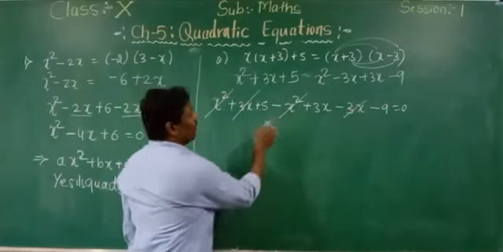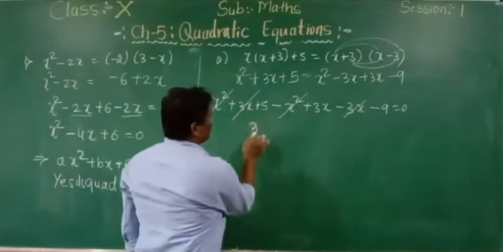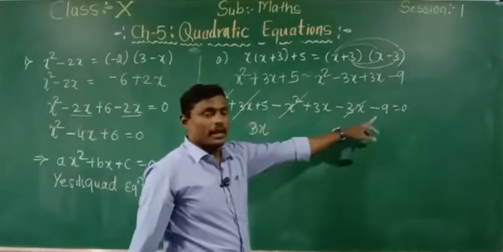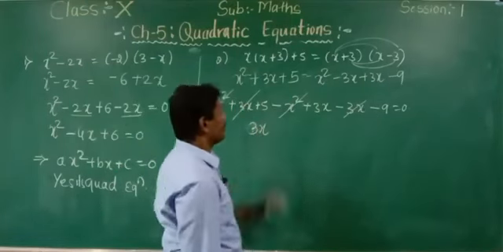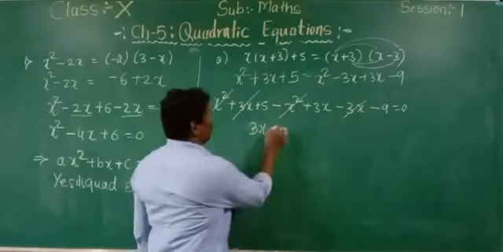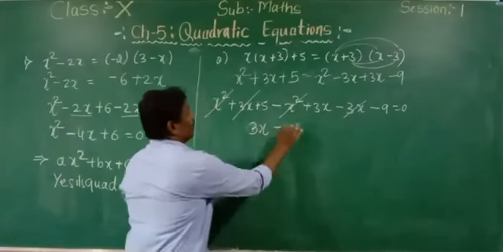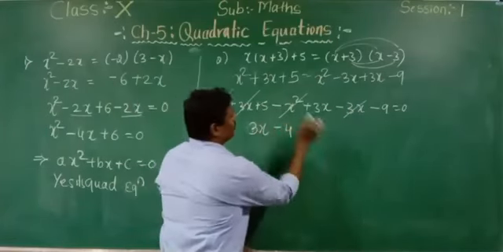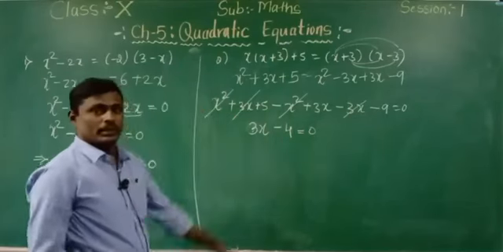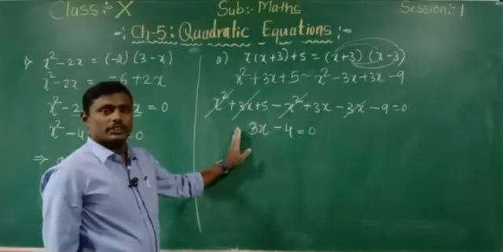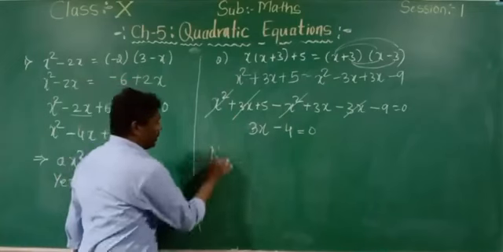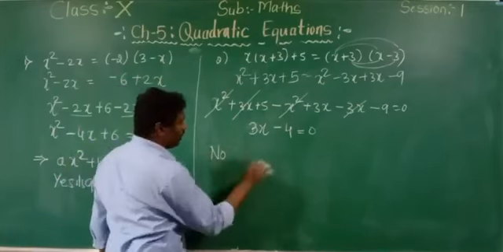The remaining terms are minus 9 plus 5, which means minus 4 is equal to 0. Is it a quadratic equation? No, it is not a quadratic equation.